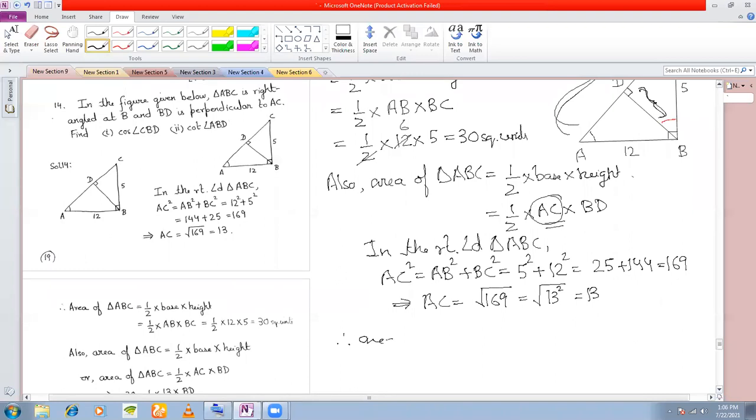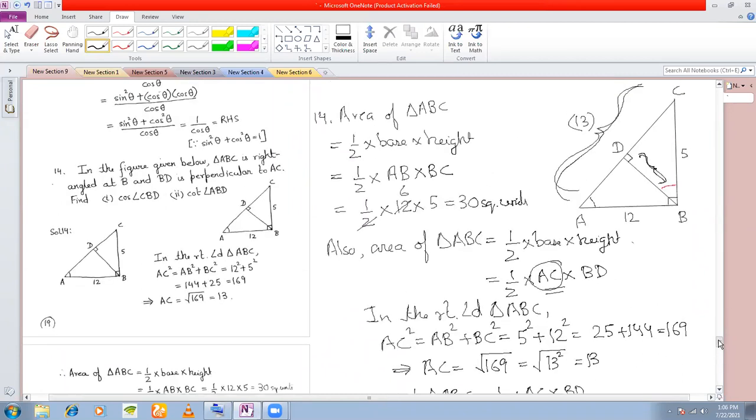Therefore, area of triangle ABC is equal to half into AC into BD. Put the value here. How much is AC we have got? 13, right? Into BD. BD we don't know. Okay. But what you see here is area of triangle.